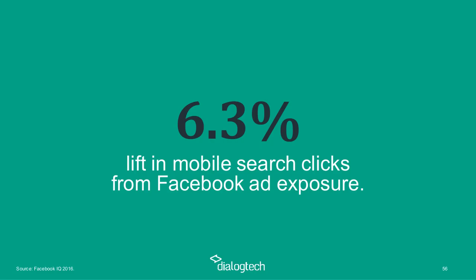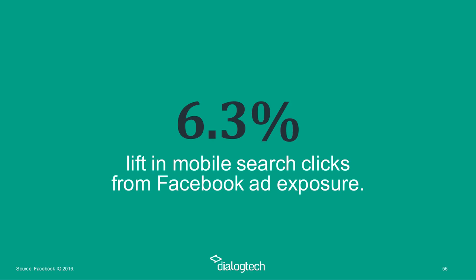Great. And so, to transition, we know Facebook, we know Instagram, we've been talking about it for a while, but there are a lot of other channels that marketers are advertising on, right? So how do they work together? One study that we found showed a 6.3% lift in mobile search clicks from a Facebook ad exposure. So after a consumer had seen a Facebook ad, they went to Google, searched with that brand, and saw a bump in the click-through rate on those paid search ads.